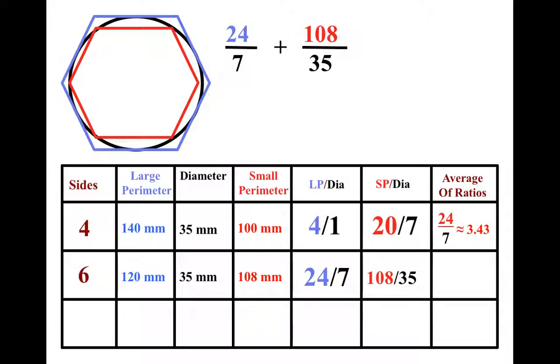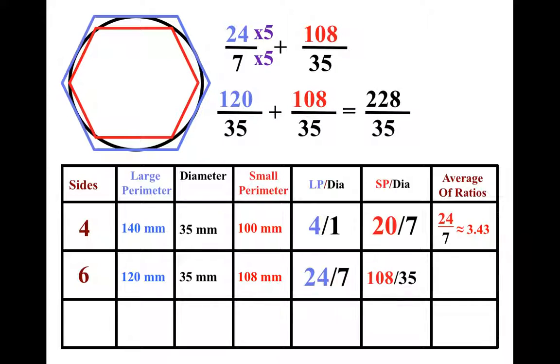To find the average, add them together. Get a common denominator, and use a calculator to figure this one out. 114 divided by 35, 3.257. Notice we're getting closer to 3.14, and the reason we're getting closer is because the amount of space in between the small and the large shape is getting smaller.